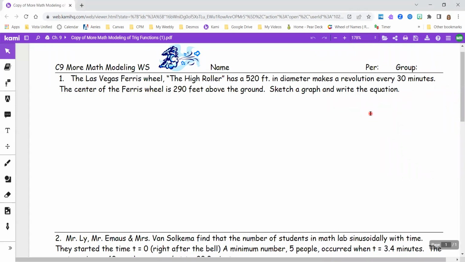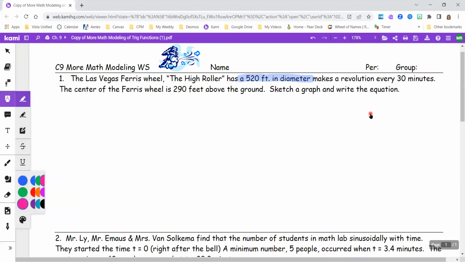Okay, so for this, again, some important information. Let's mark that up. It has a 520 foot diameter, makes a revolution every 30 minutes. The center is 290 feet above the ground.